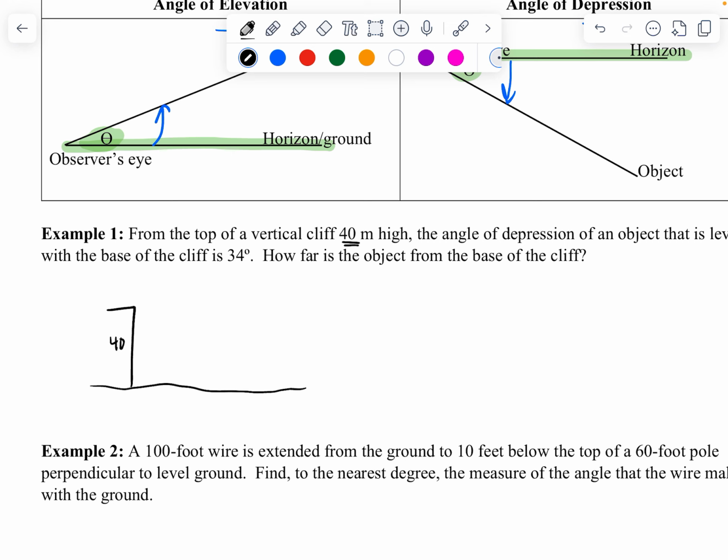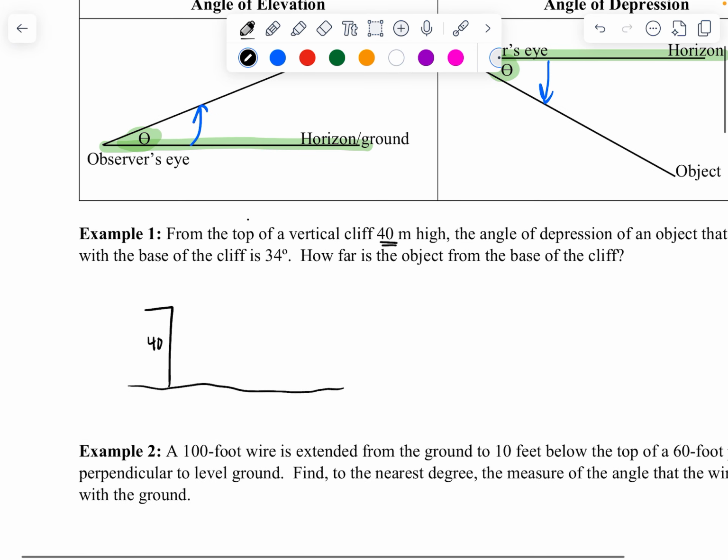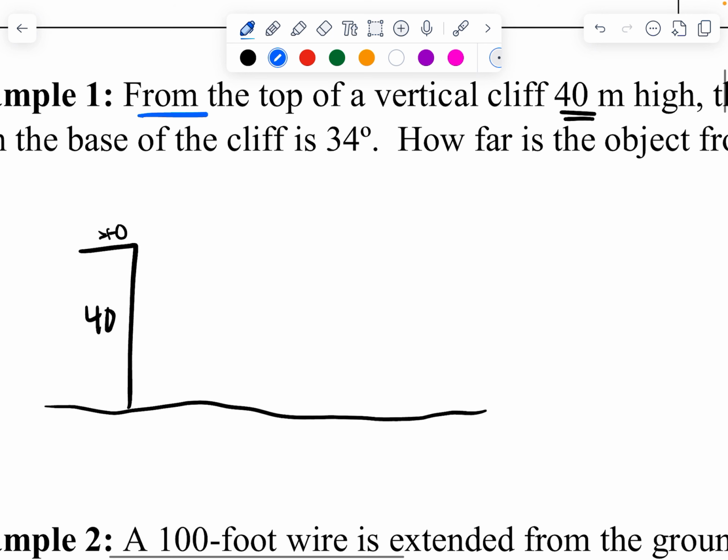The angle of depression of an object that is level with the base of the cliff is 34 degrees. We're saying from the top of the vertical cliff, meaning maybe a person lying down at the top of the cliff measures an angle of depression. So the top is where the angle is being measured. That is where your horizon is.